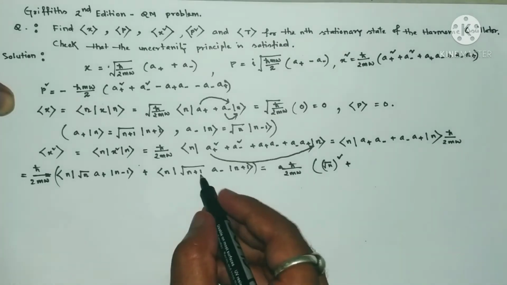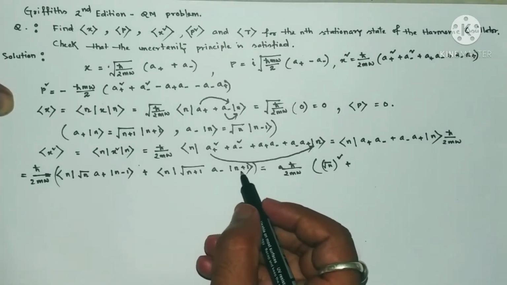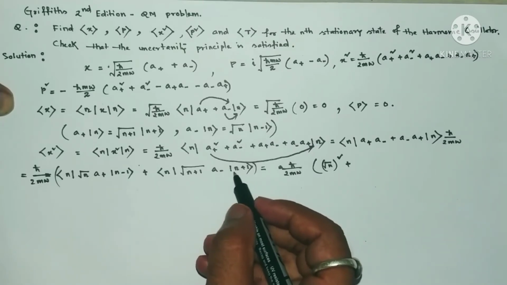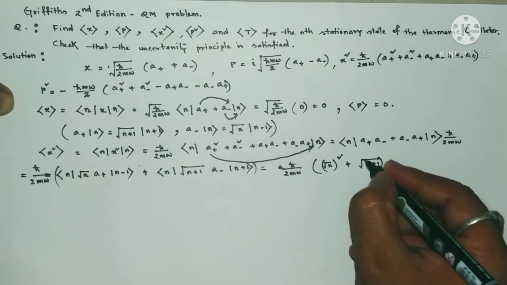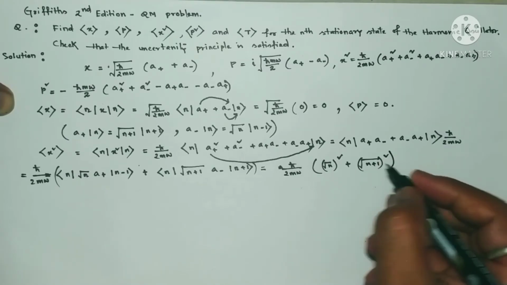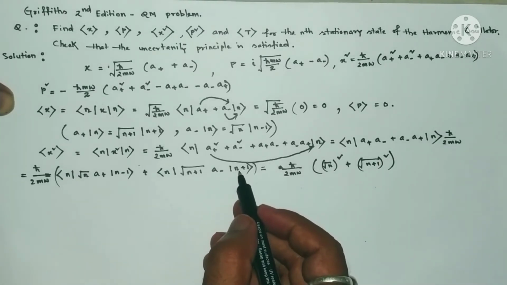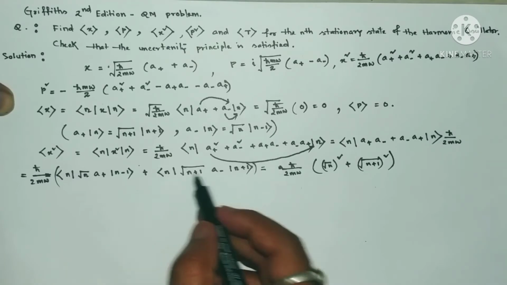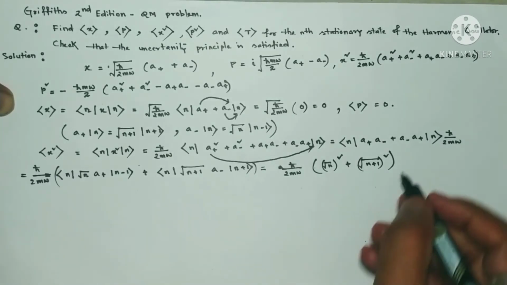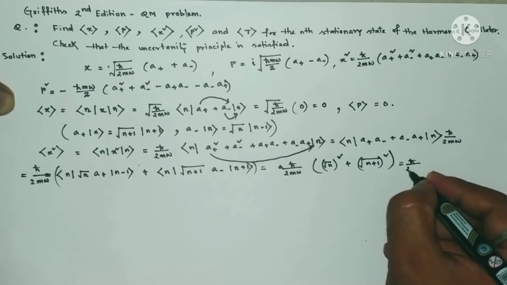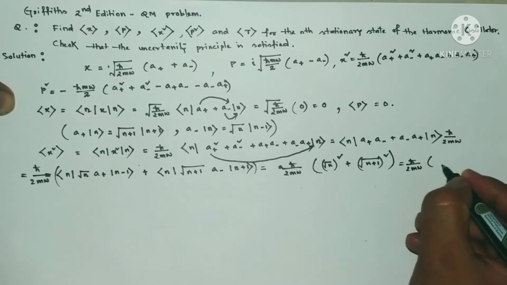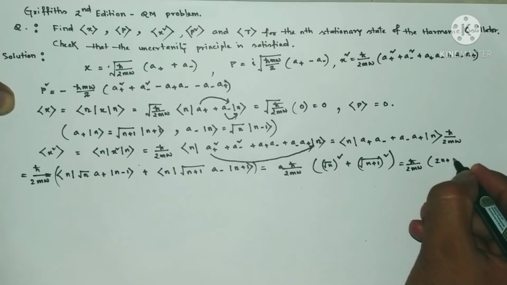Similarly for this we are having a minus on n plus 1, so n plus 1 will return the value under root n plus 1. So this will also be n plus 1 whole square, and then we will be left with ket n, so the inner product of n with n will be 1. So this will exist and you will be getting h cross by 2 m omega times (2n plus 1).